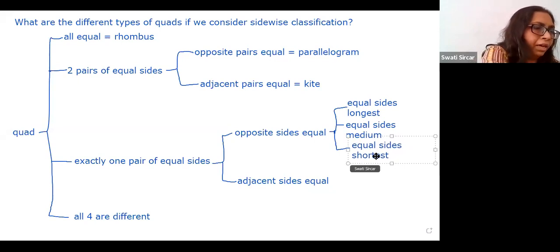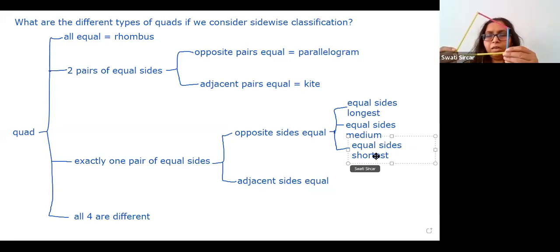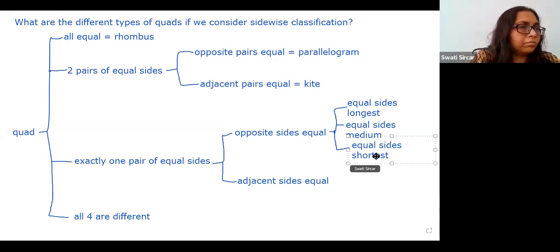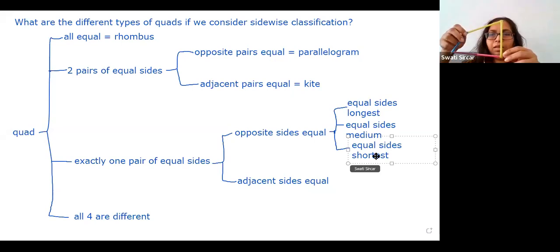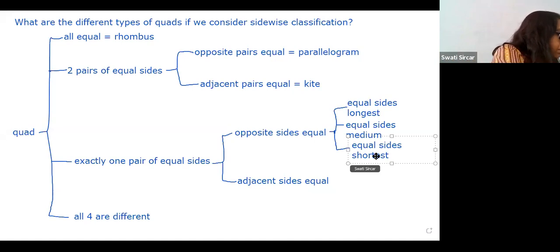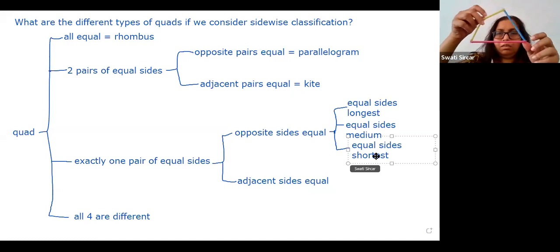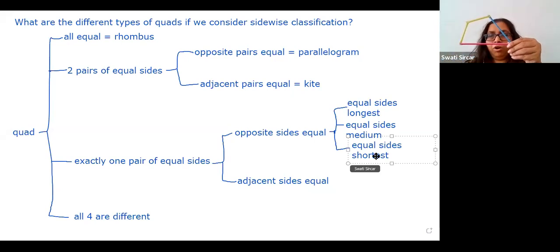The same thing will work if the sides are adjacent. So here is a case where equal sides are adjacent and you have 2 other sides, the medium one and the small one.